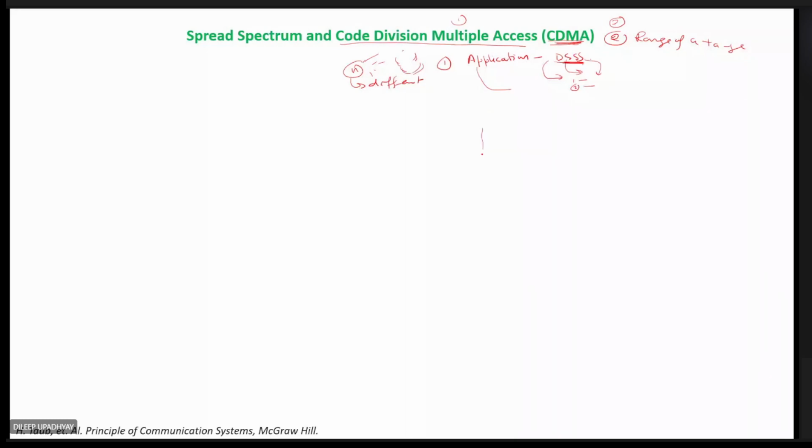Suppose this axis is code, this axis is time, this axis is frequency, right? Mainly, if you talk about satellite communication, suppose here we have the satellite. So in satellite communication, what happens?